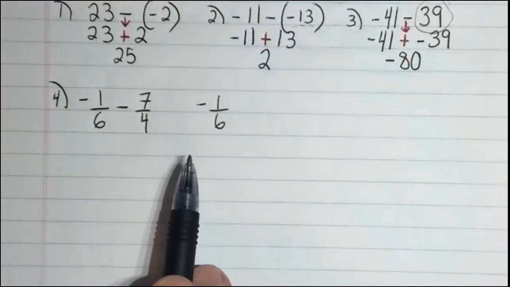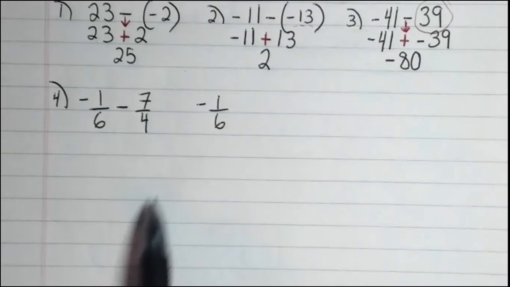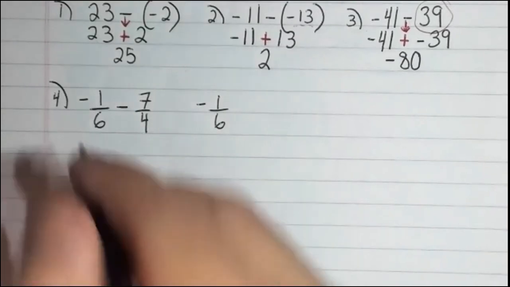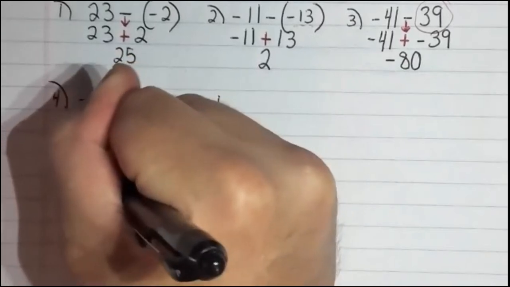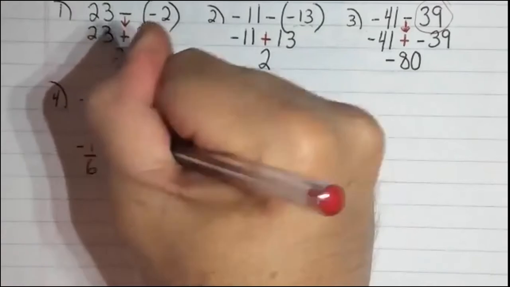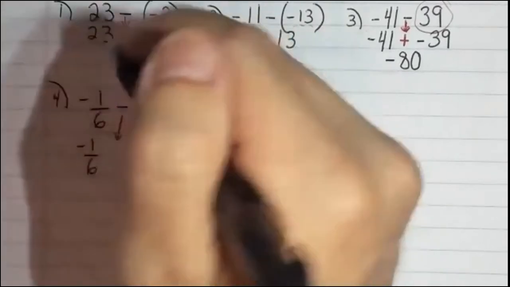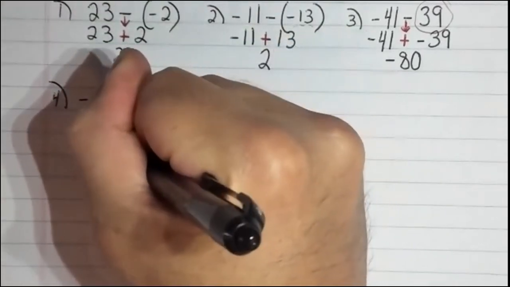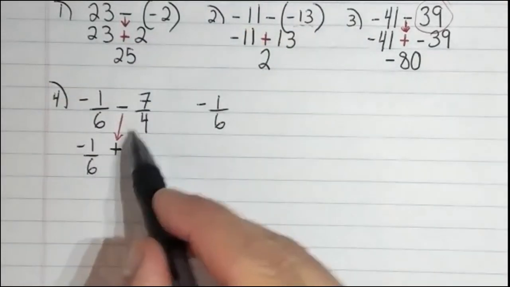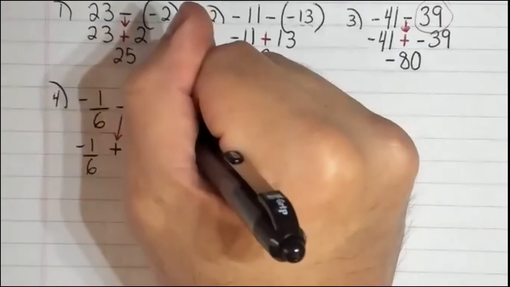And actually, what I want to do before I set it up vertically is change this to addition. Remember, we don't do anything to the negative 1/6, but we're going to change this subtraction sign to a positive sign. And then that's a positive 7/4 behind it, okay?